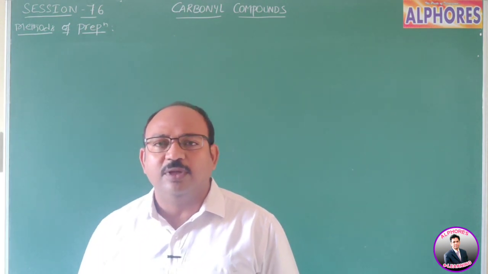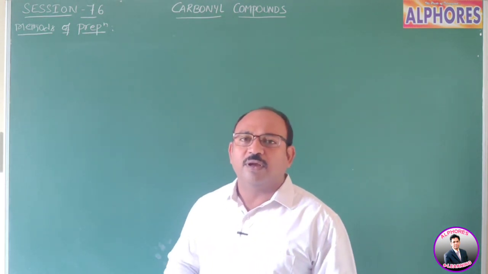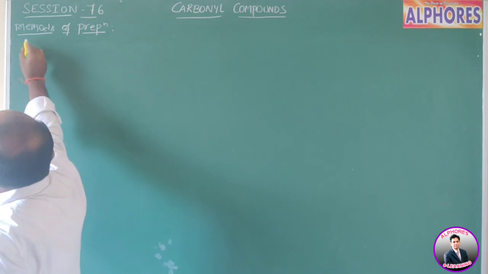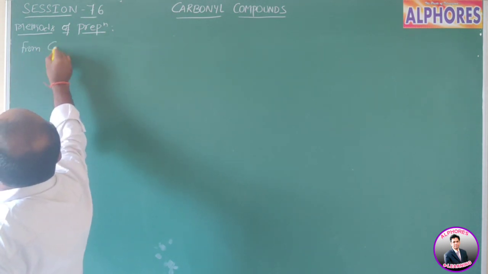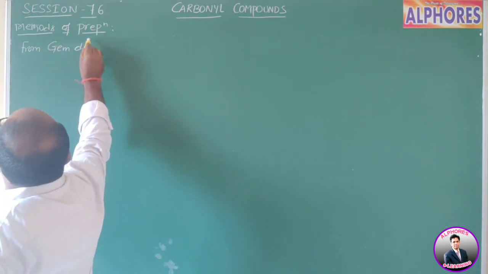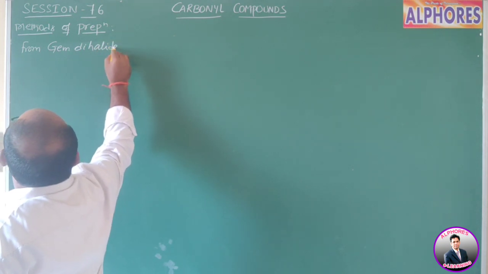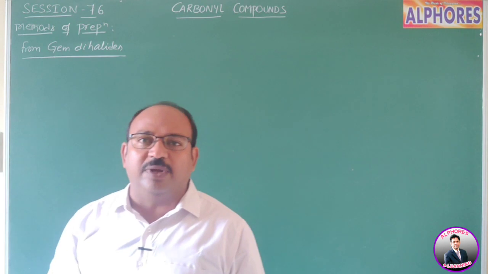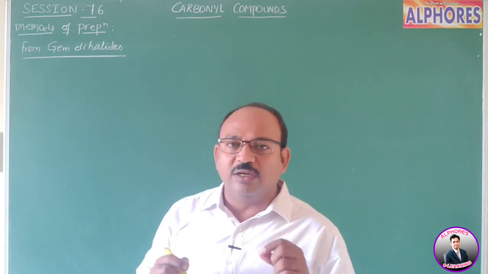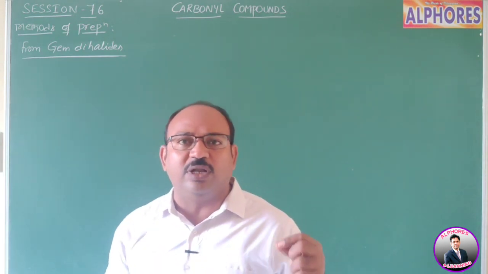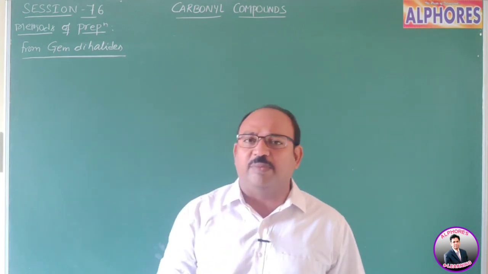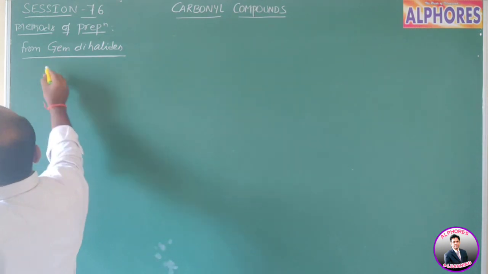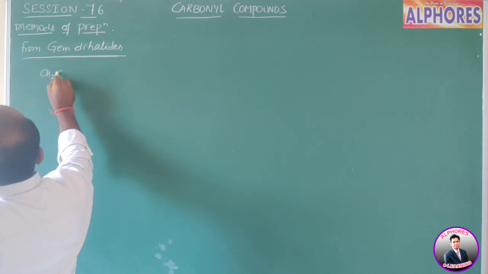Now let us continue methods of preparation of carbonyl compounds. A few more methods are there. The first one is from gem dihalides. As we know, geminal dihalides means the same carbon is attached to two halogen atoms, like CH2Cl2.